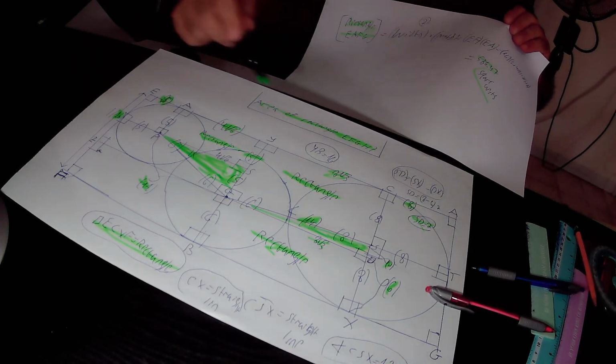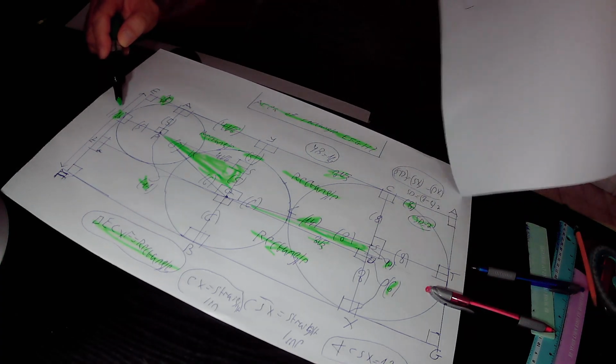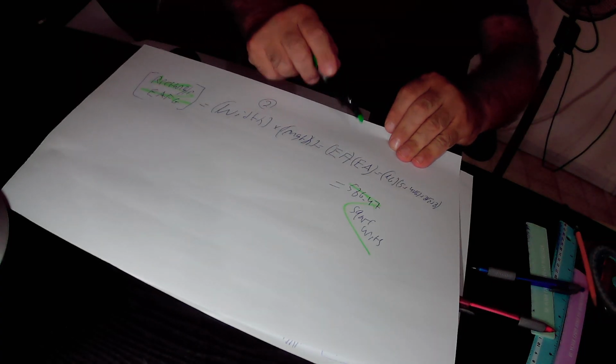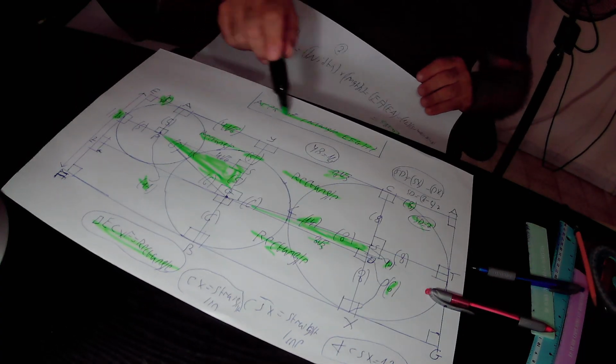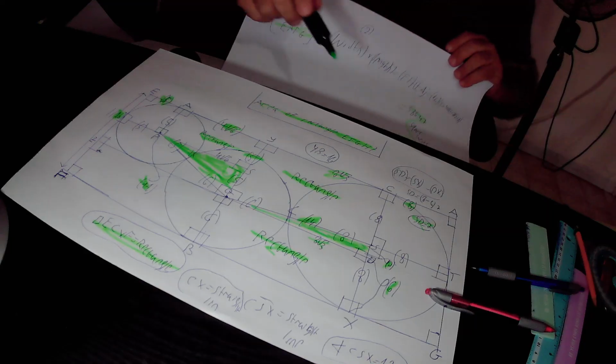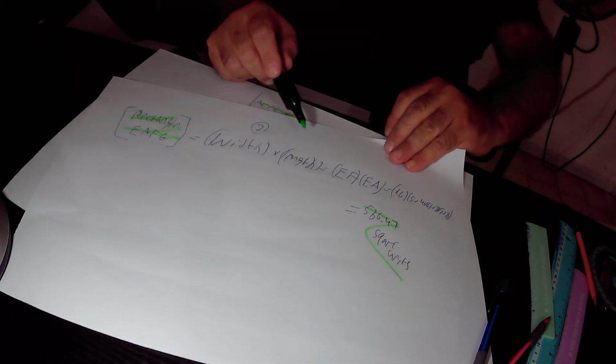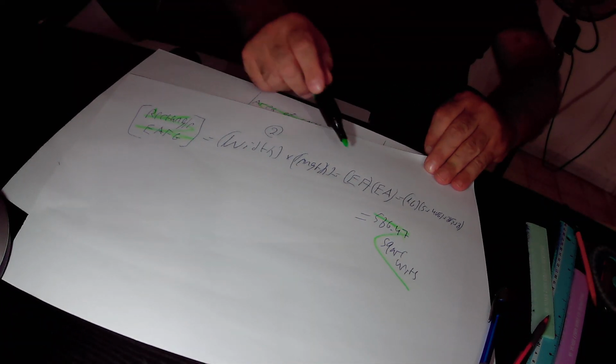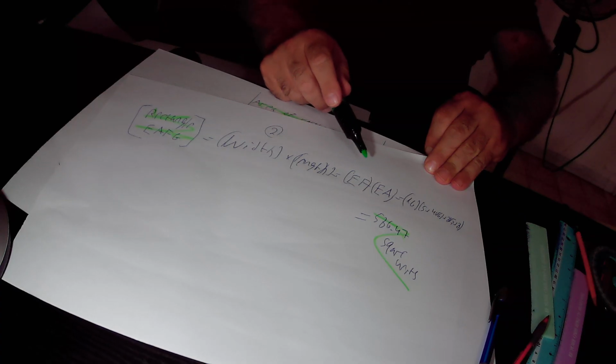The width of this rectangle EAFG is EF, that is 16, times the length, that is EA. The width is EF, the length is EA.